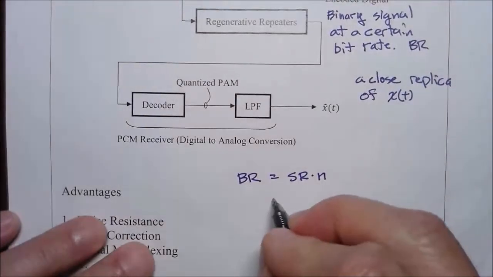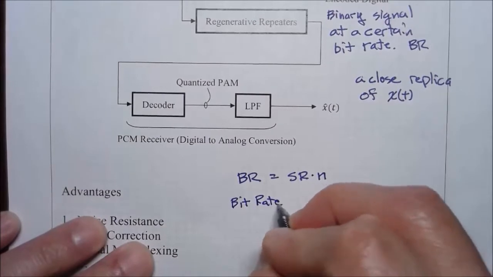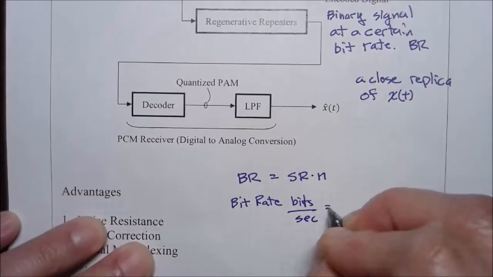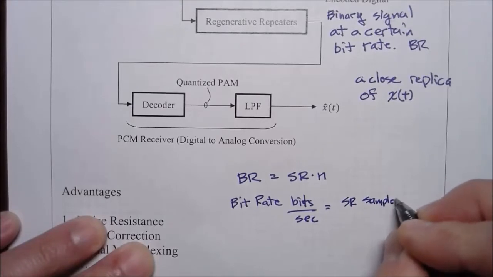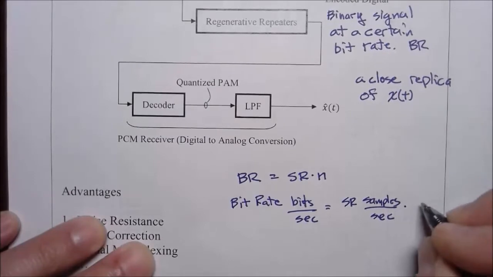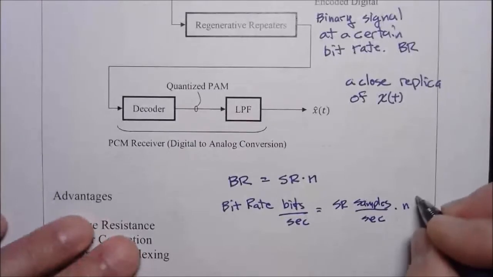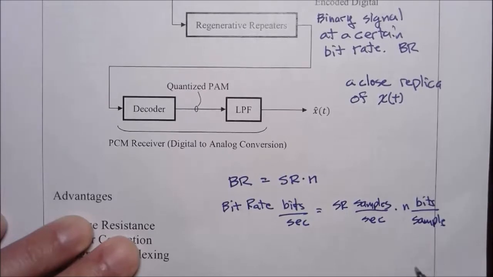The bit rate in bits per second is equal to the sampling rate, that's in samples per second, and then we multiply that by n, which is the number of bits per sample. So samples cancel, and we get the bit rate in bits per second.